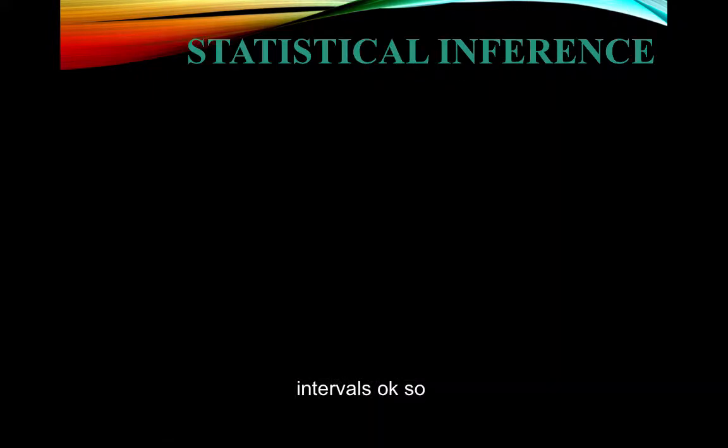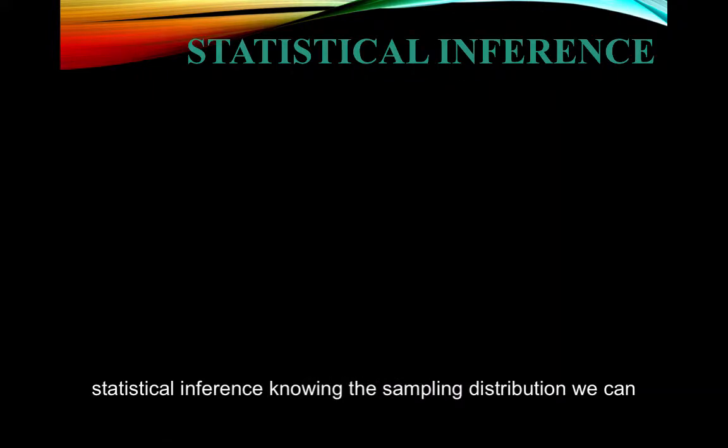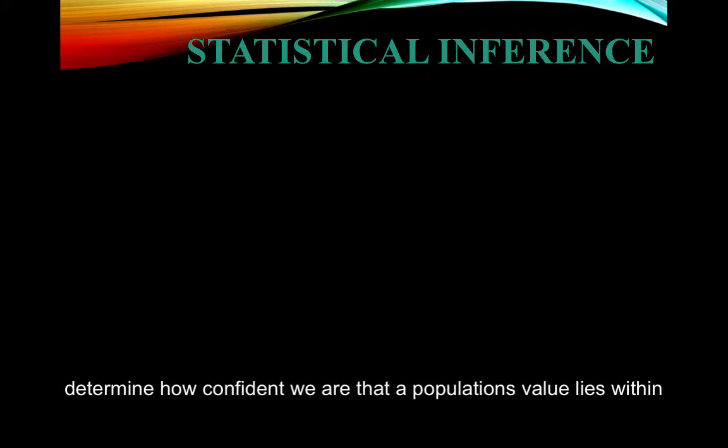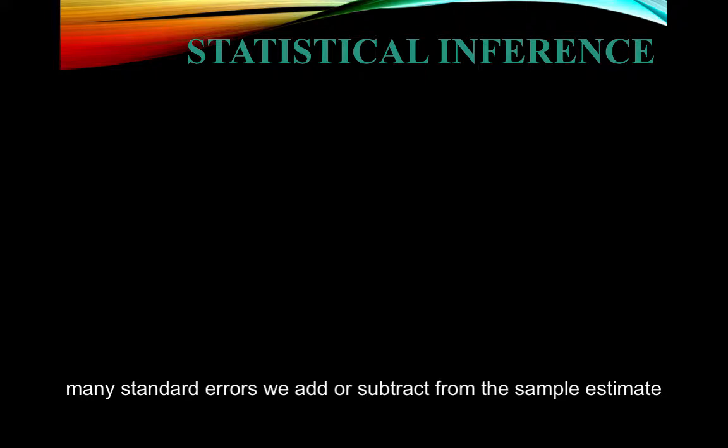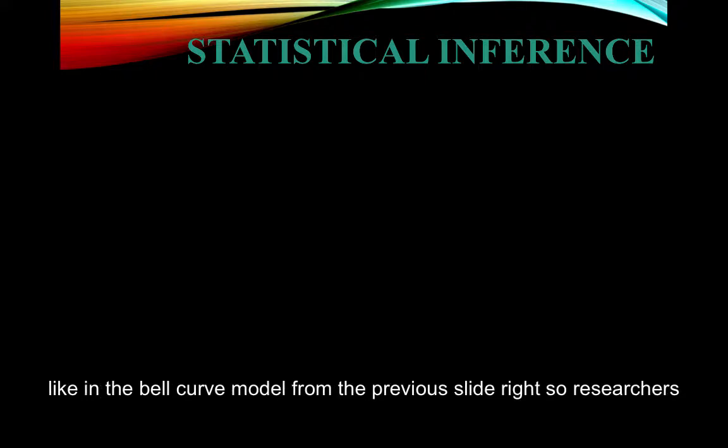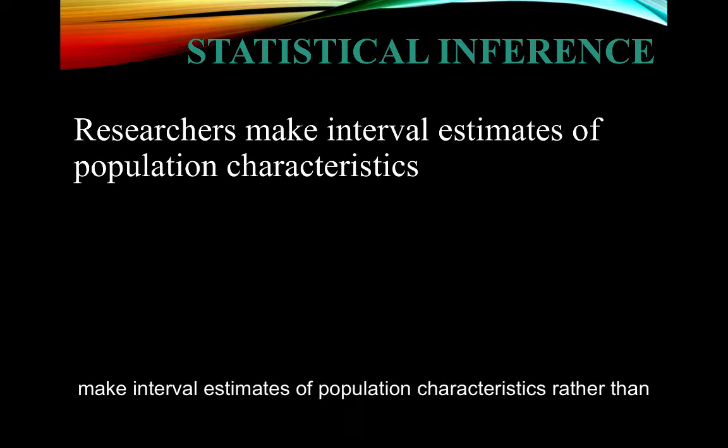Okay, so statistical inference. Knowing the sampling distribution, we can determine how confident we are that a population's value lies within some range of a sample estimate. Levels of confidence are just how many standard errors we add and subtract from the sample estimate, like in the bell curve model from the previous slide, right? So researchers make interval estimates of population characteristics.